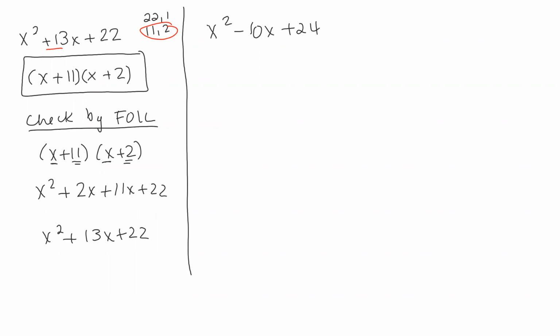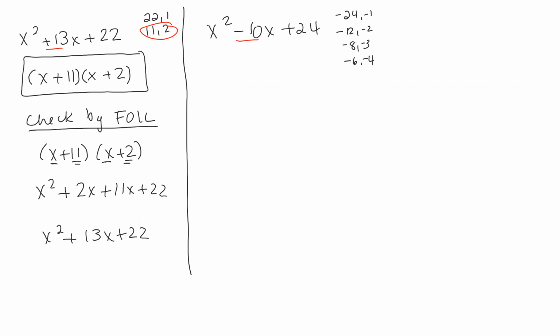Okay, so we need two factors of 24 that are both negative, so that when we add, we get negative 10. So we could have negative 24 and negative 1, negative 12 and negative 2, negative 8 and negative 3, or negative 6 and negative 4. So let's see which of these pairs adds up correctly.